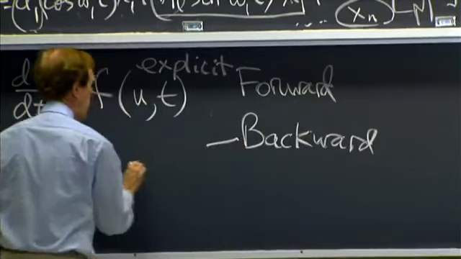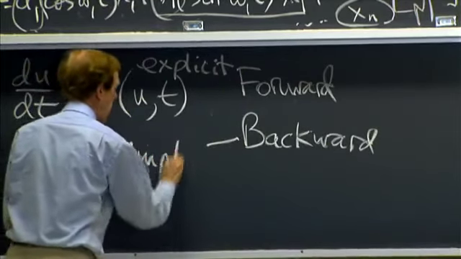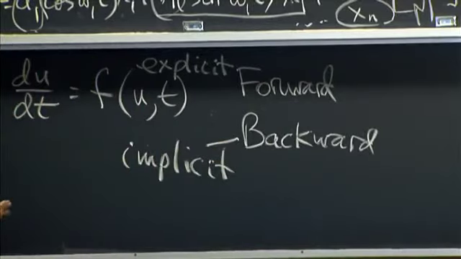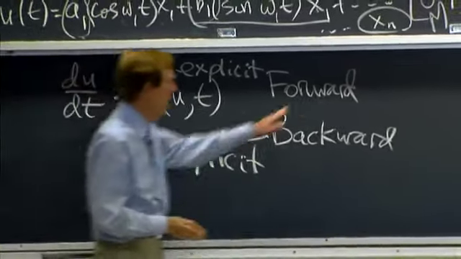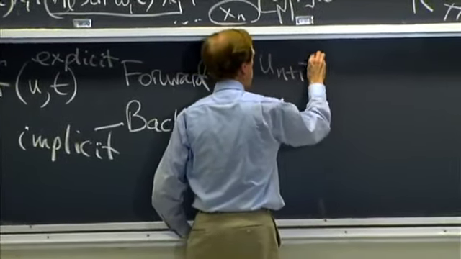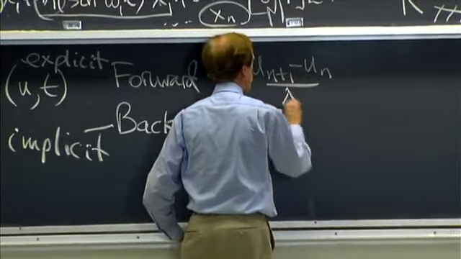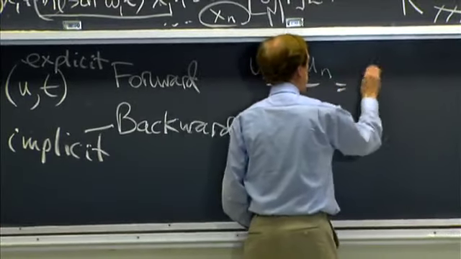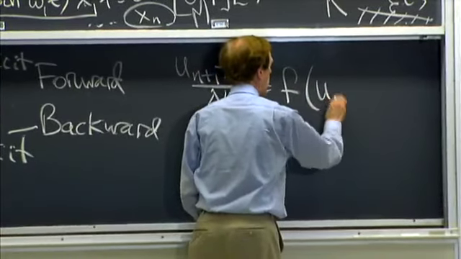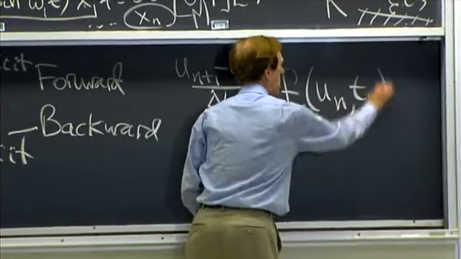And that this guy will be implicit. And this is a big distinction, and we'll see it. All right. So this says u n plus 1 minus u n over delta t is the value of the slope at the start of the step.